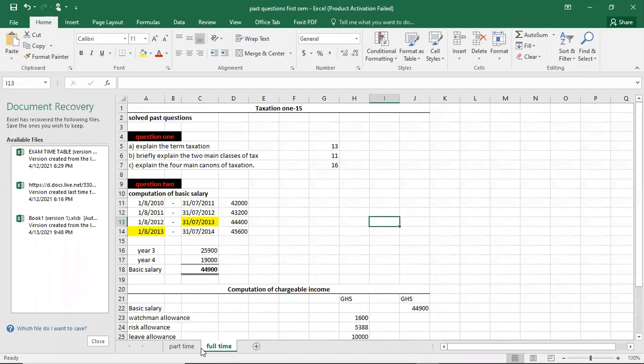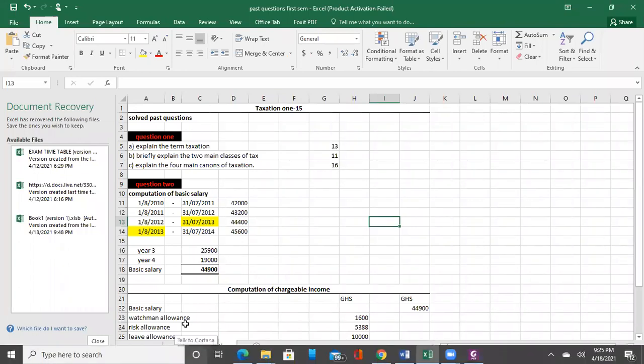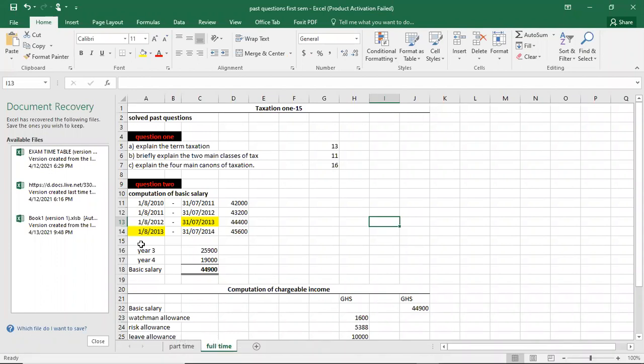Now, first of all, we have to compute the basic salary. We're told that this man was employed on 1st April 2010. So from 1st April 2010 to 31st March 2011 will be 1 year, and this man will take a salary of 6,000.